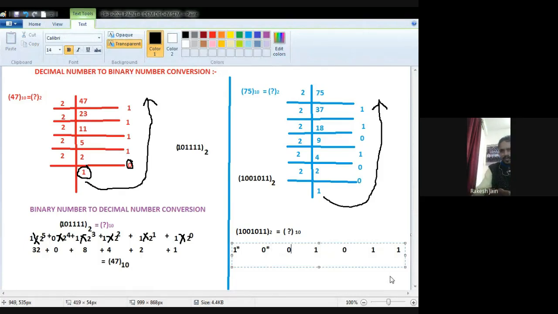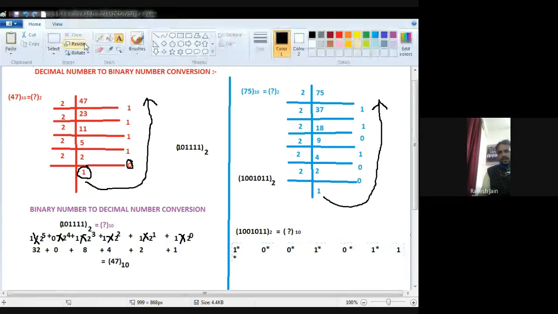So I am going to first of all type the multiply sign in front of you. Okay. Then multiply these numbers.